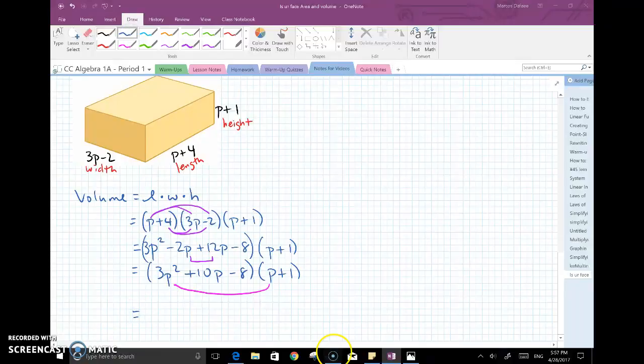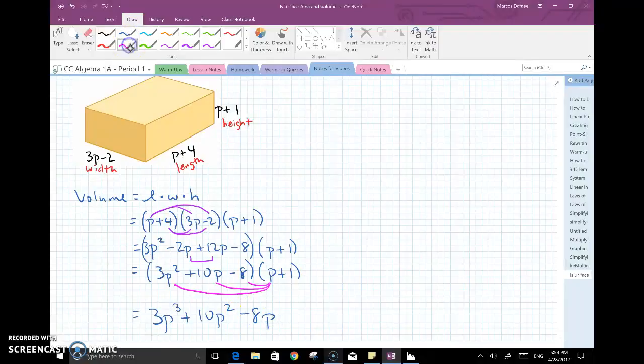So this is going to raise that power by 1, leaving me with 3p to the third power. Then I multiply p with 10p, and I would get plus 10p to the second power. Then I multiply the p with negative 8, and what I would get is negative 8p.